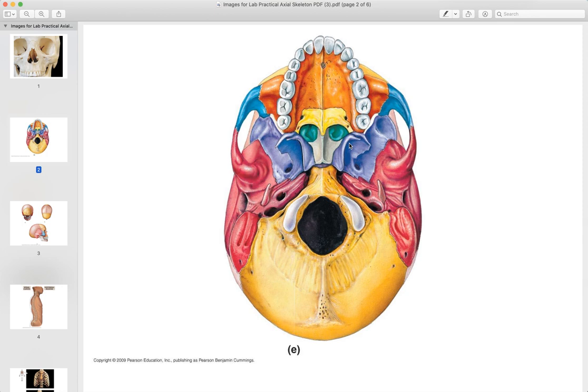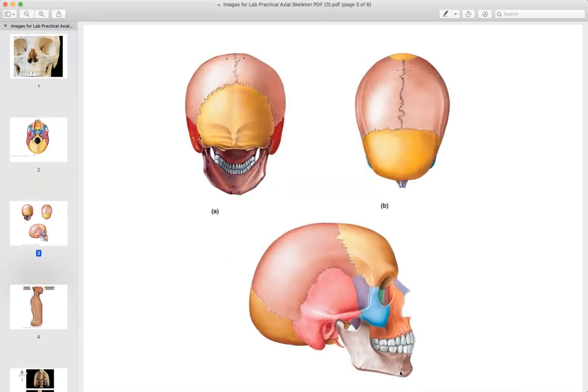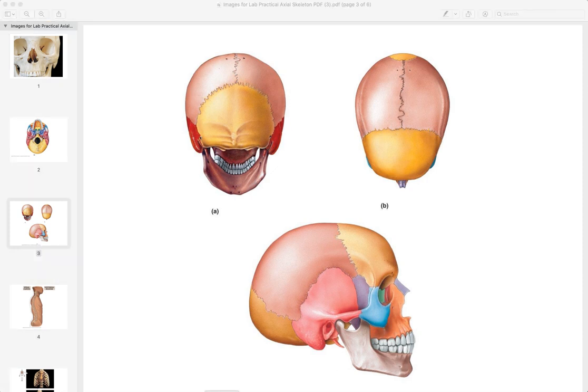Okay, moving on, the mental foramen. That is this down here, this small hole is the mental foramen. Next is the transverse process.